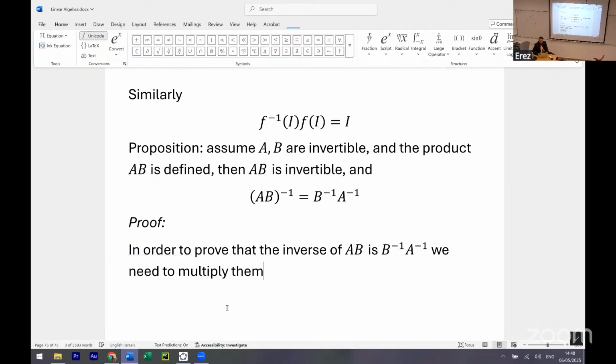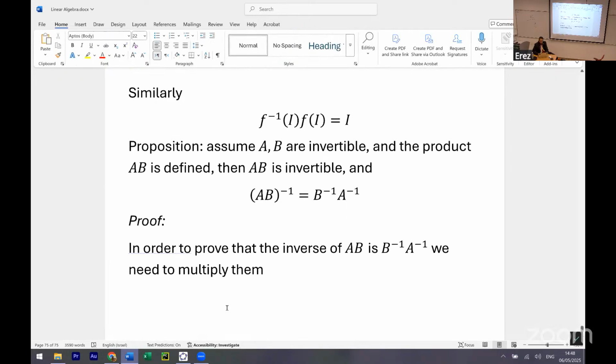And the multiplication is rather easy. AB times B minus 1, A minus 1. Due to the associative rule, we can use the parentheses wherever. So it's A, B, B minus 1, A minus 1.